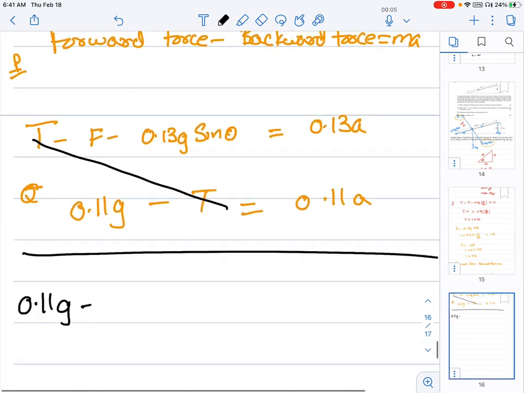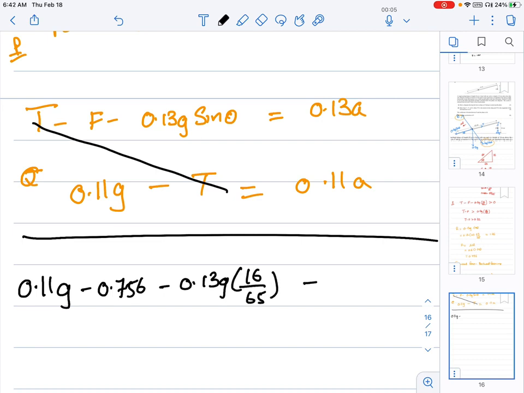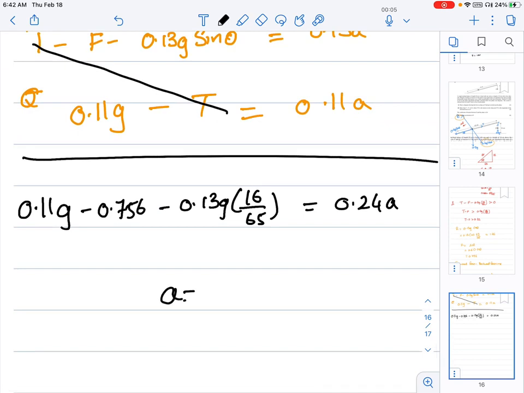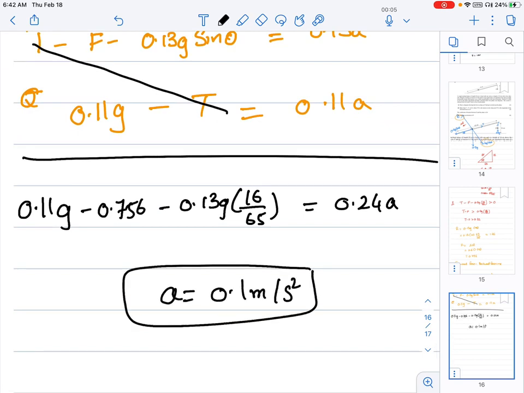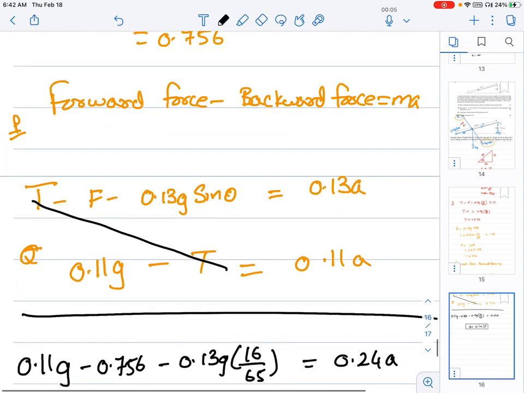Just now we got the frictional force was 0.756, minus 0.13 G sine theta, which is 16 upon 65, is equal to 0.24 A. From here, A value I get as 0.1 meter per second square. That is the answer. So I use forward force minus backward force is equal to MA for P and for Q.